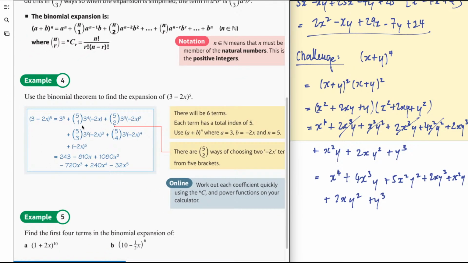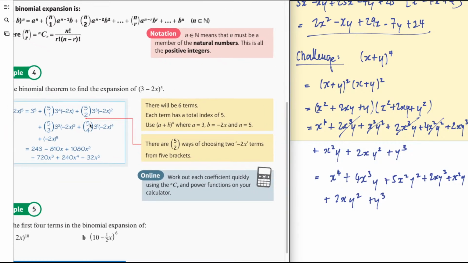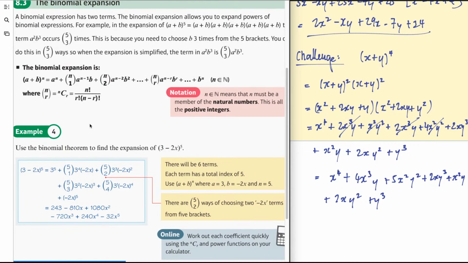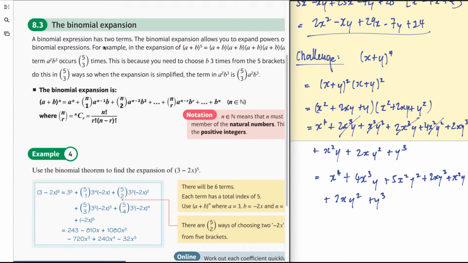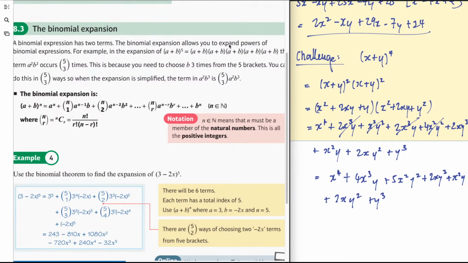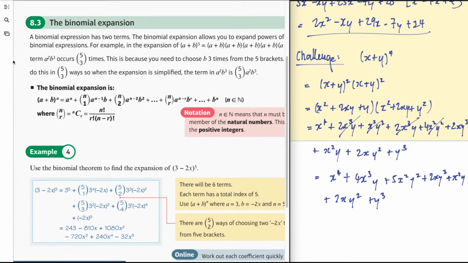Here's the example we probably want to use. So a binomial expression has two terms. Binomial expansion allows you to expand powers of binomial expressions. For example, in the expansion a plus b to the power 5, the term a squared b cubed occurs 5 choose 3 times.